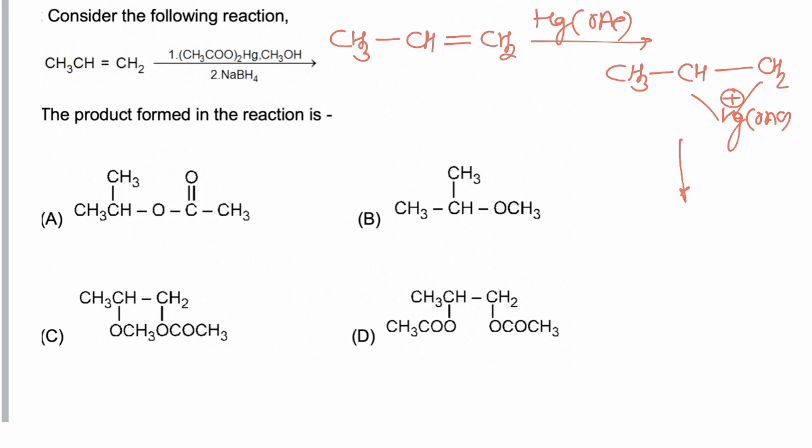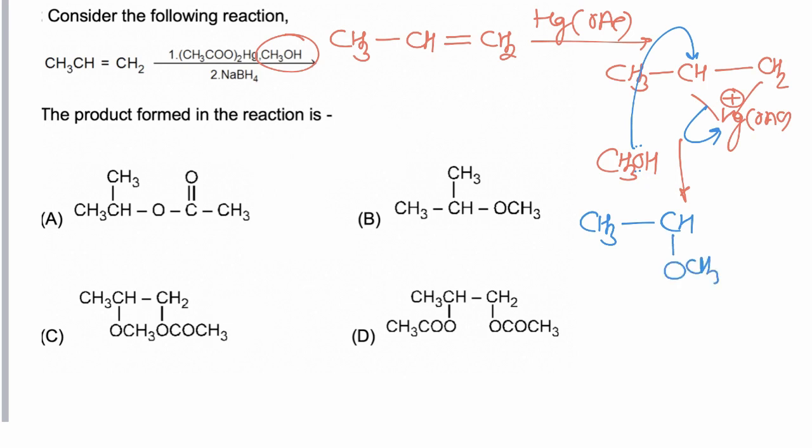Now in the second step CH3OH is given, which acts as a nucleophile. So CH3OH will attack from the back side. So addition takes place according to Markovnikov rule, giving CH3CH(OCH3)CH2HgOAc.